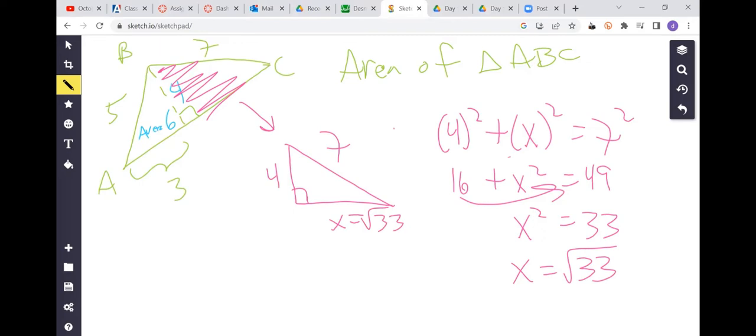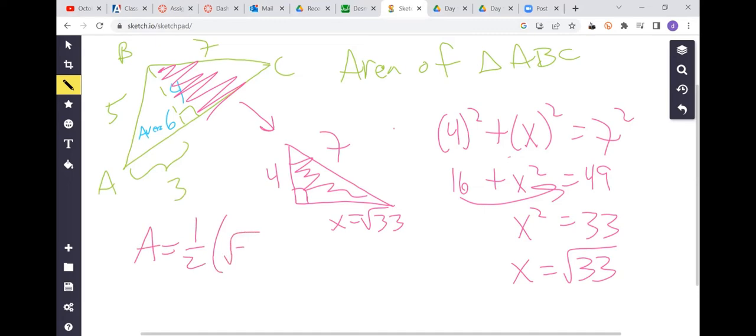Now I think we can find the area of this triangle here. Let me grab a calculator real fast. Area equals 1/2 the base times the height. Let's type this into our calculators, and we get 2 square root 33, which is about 11.5.